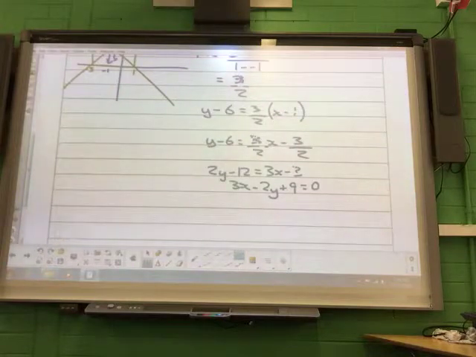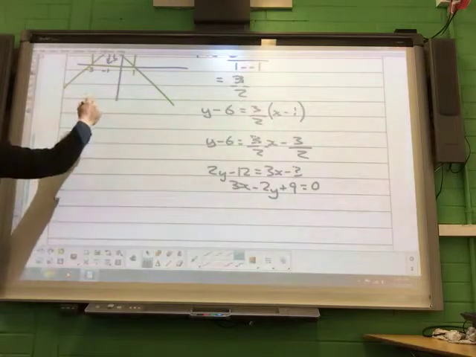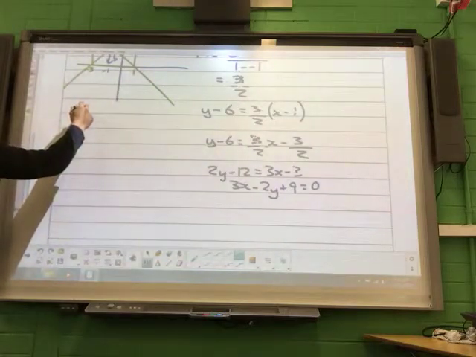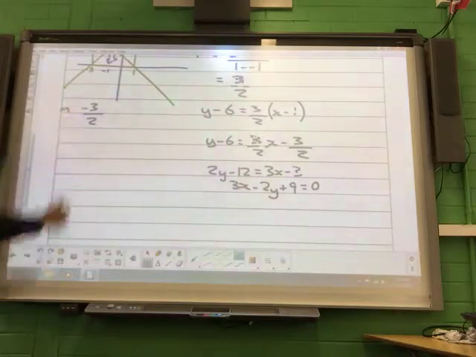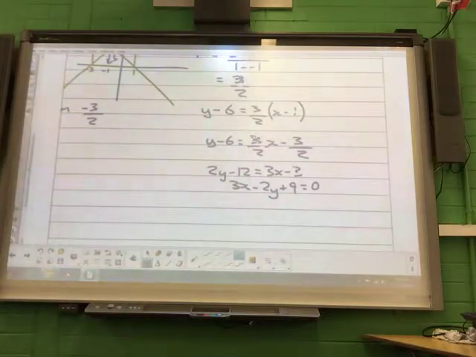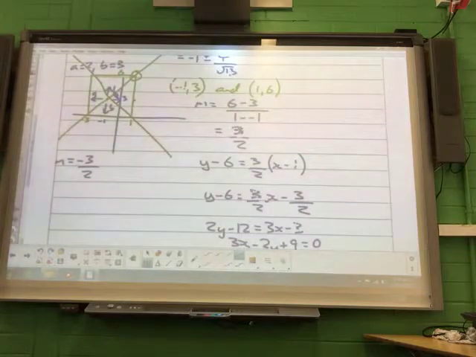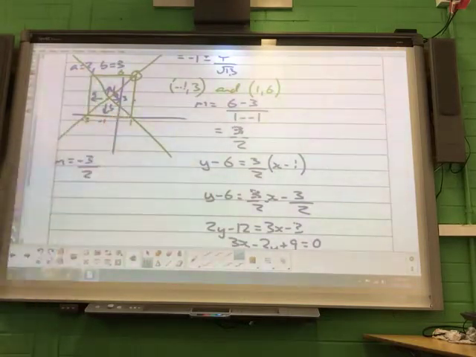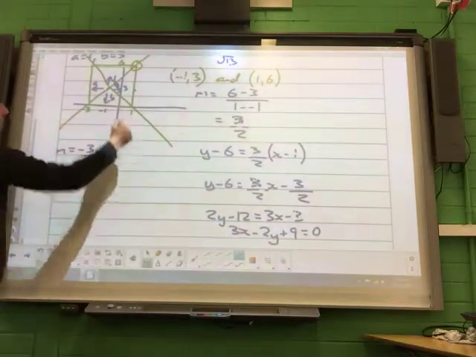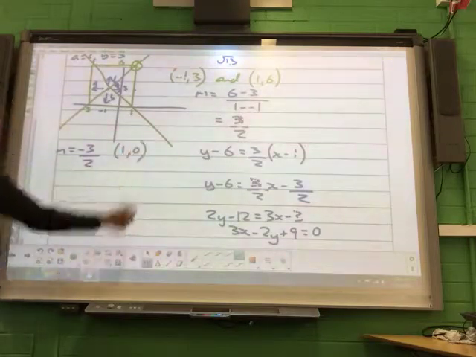And for the other one, you can do the same sort of approach. We know the gradient is going to be -3 on 2, because we've got the negative gradient, the negative equivalent. Then I've got to pick an appropriate point. I can either use the centre or this point, so we're probably going to use the point (1, 0).